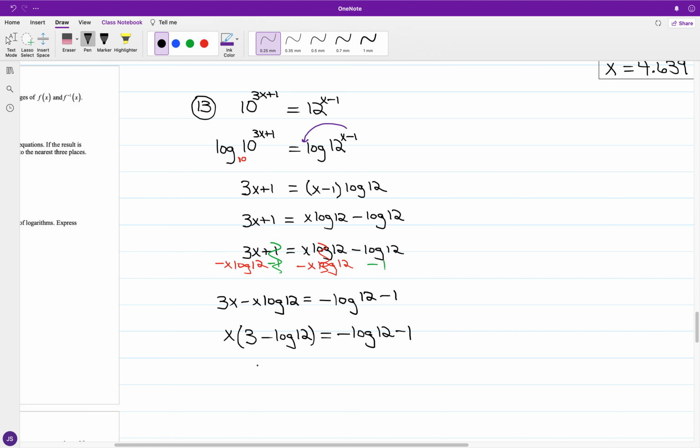And so just isolating x, this will be equal to the quotient of negative base 10 logarithm of 12 minus 1 divided by 3 minus the base 10 logarithm of 12.